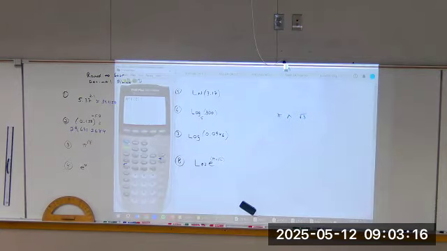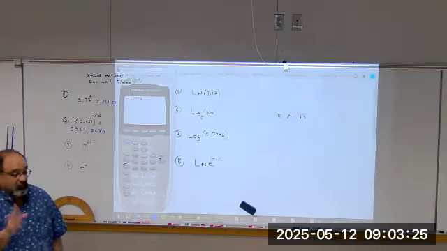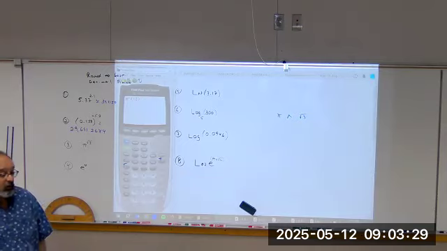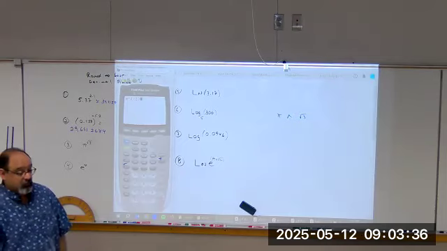Now, let's think about how much pi is approximately. 3.14. It's a little bit bigger than 3. The square root of 3 is approximately 1.732.